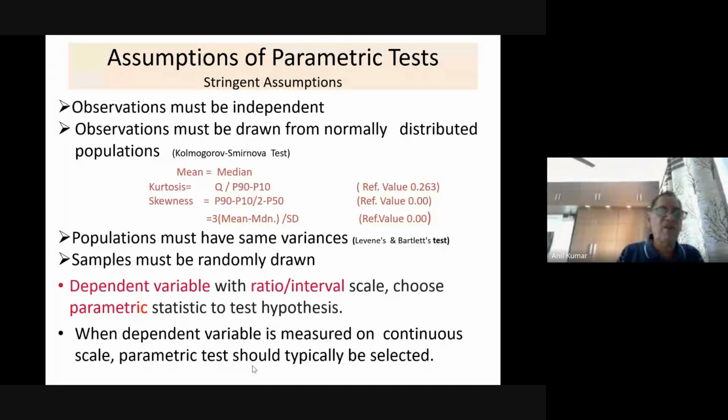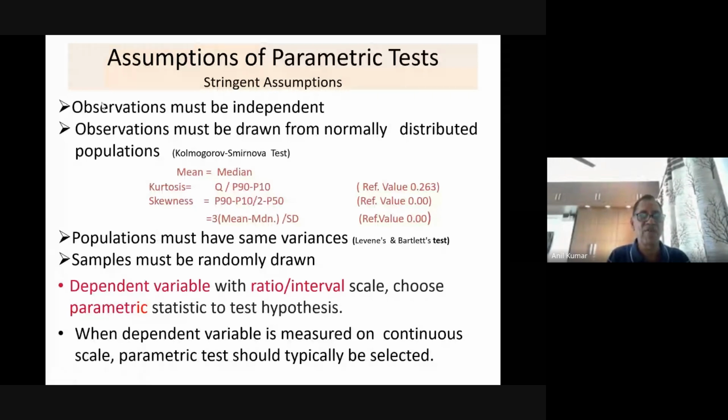What are those? Observations must be independent. They should not be contextualized. They should not be in context with something, that in this situation I am collecting this. They must be independent of anything surrounding you. And another very important aspect is, yesterday I touched upon the normally distributed population.